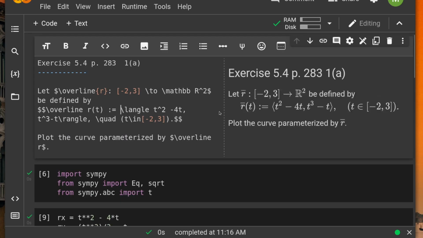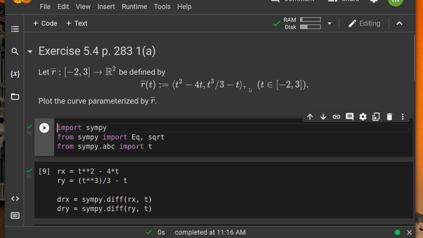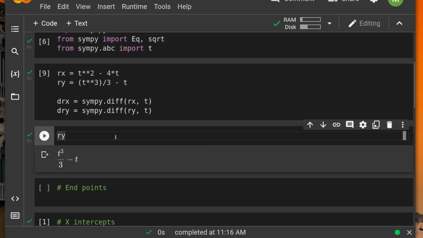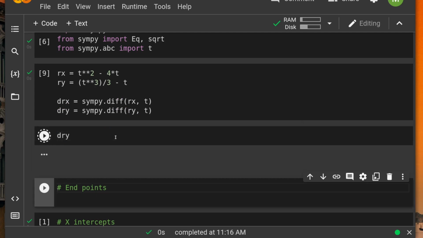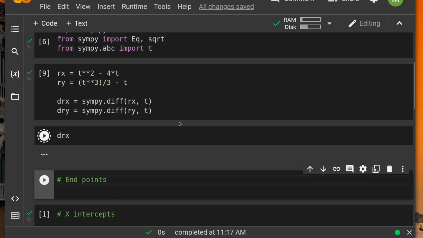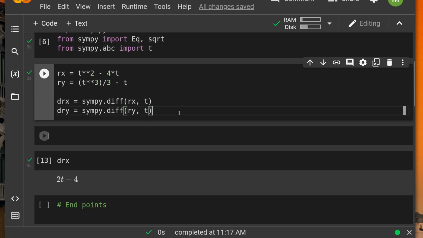Oh, I forgot to add the division; that should be over 3. And our derivatives for the x component and for the y component. Okay, so far so good.